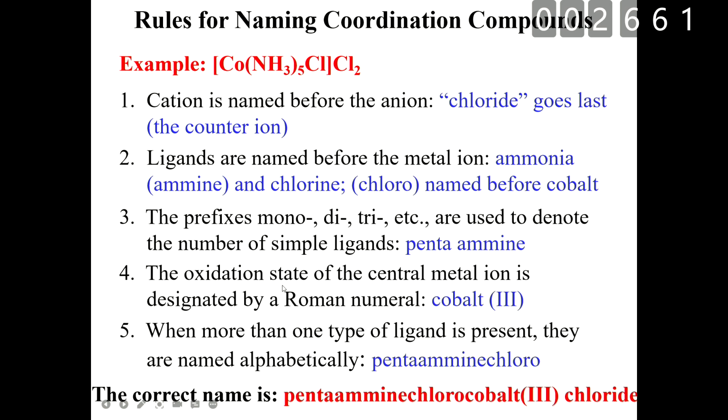4. The oxidation state of the central metal ion is designated by a Roman numeral. Like using this, cobalt has a 3 plus charge. So use this to show its oxidation state. 5. When more than one type of ligand is present, they are named alphabetically.